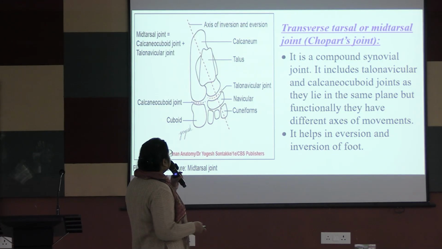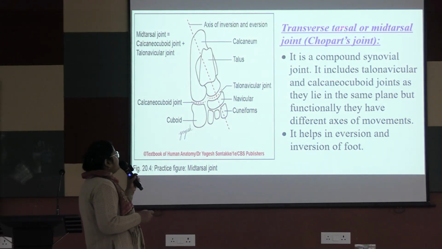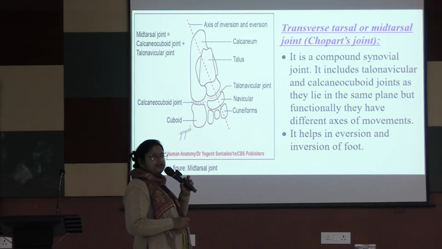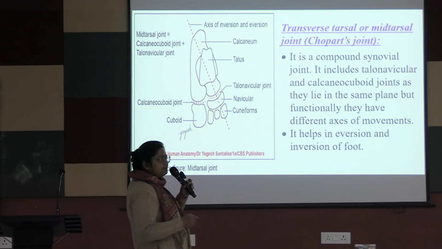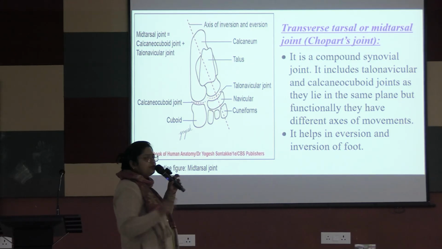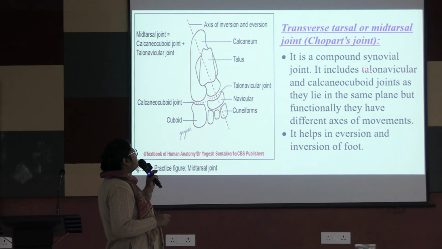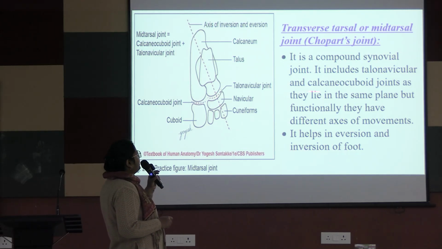Next is the transverse tarsal joint or mid-tarsal joint, also known as Chopart's joint. Okay, all these names are important. This is also one important joint. It is a compound synovial joint, includes the talocalcaneonavicular and calcaneocuboid.